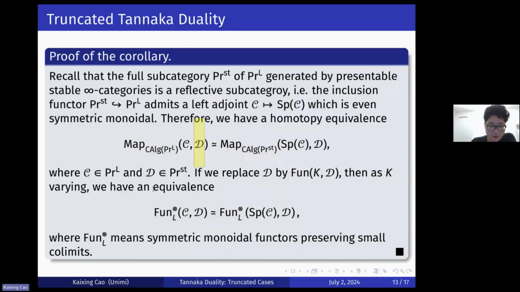Then it will induce an equivalence between the functor categories. Here the functor category with L means that this is the functor category generated by the symmetric monoidal functors from C to D, but I also require them to preserve the small colimits.